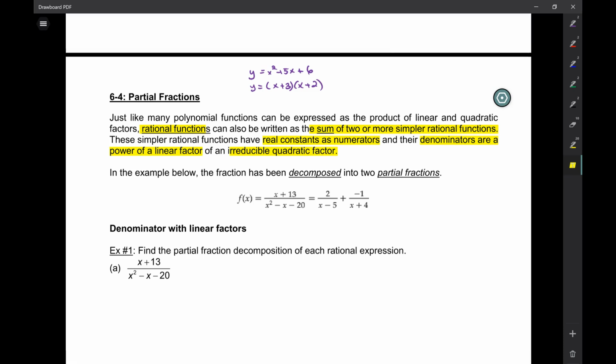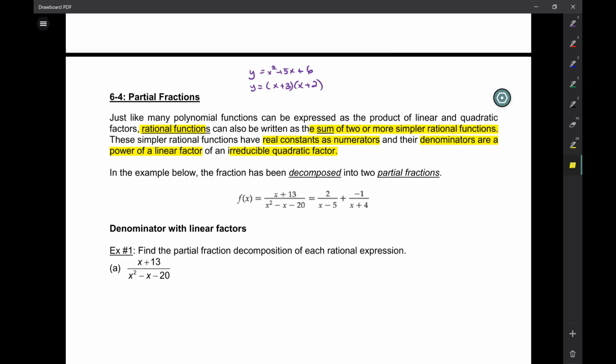So take a look at this example here. I have x plus 13 over x squared minus x minus 20. I can break that down into this fraction plus this fraction, right? So going backwards, if I added these two fractions together, magically I get the one on the left-hand side. So that's what we're going to do in this section.